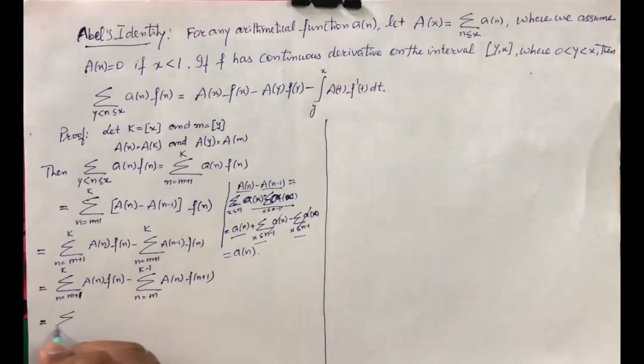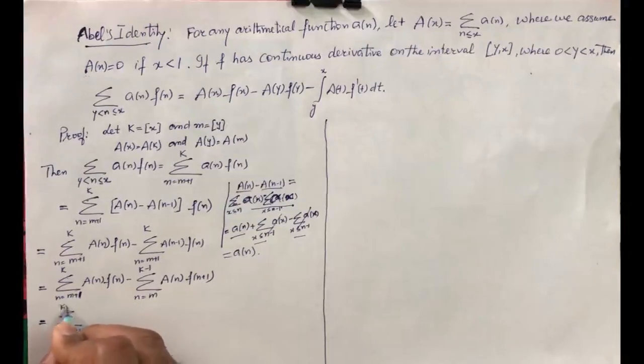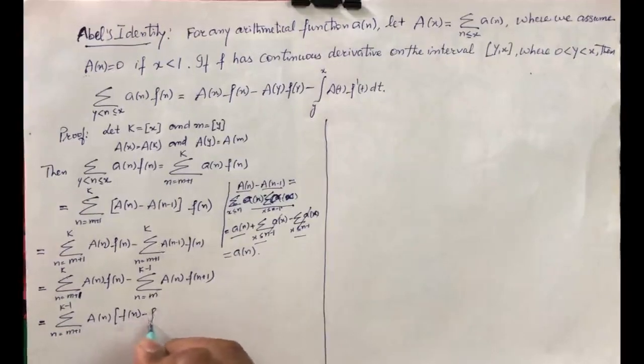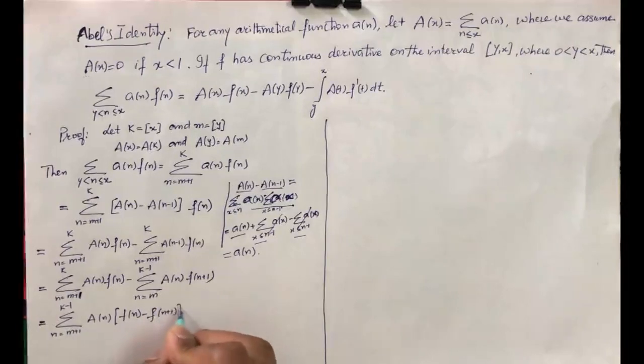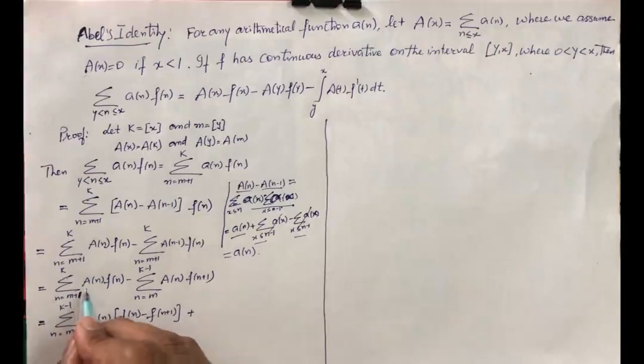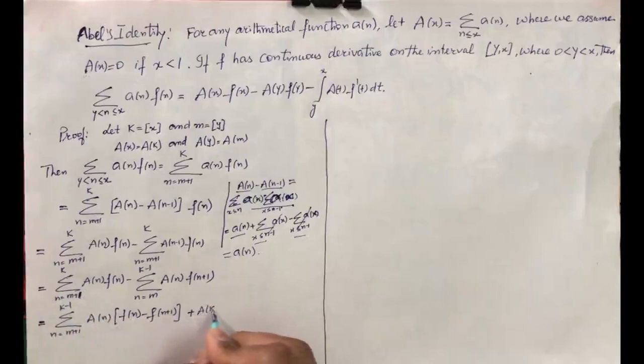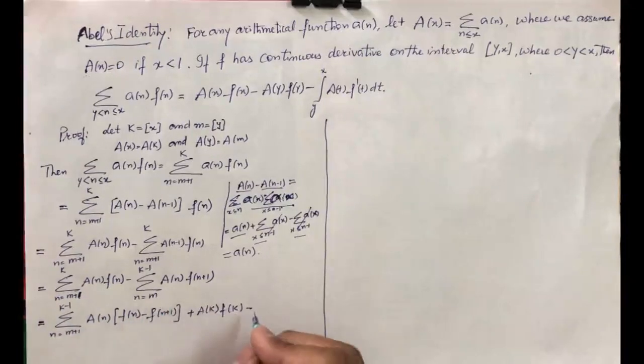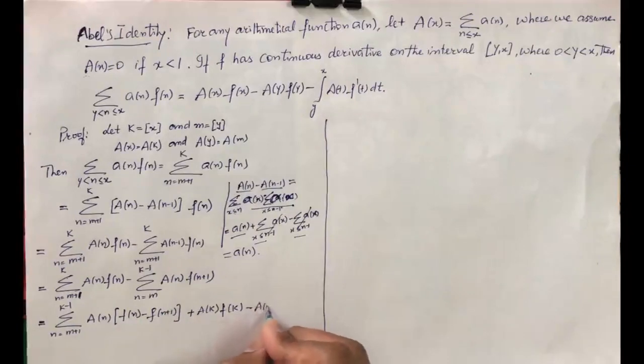So we are left with the summation n from m plus 1 to k minus 1 of capital A(n) common, f(n) minus f(n plus 1), and the last term of this is A(k) f(k), and the first term of this summation is minus A(m) f(m plus 1).